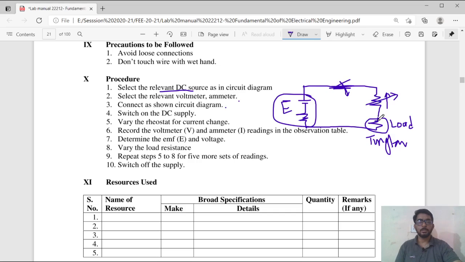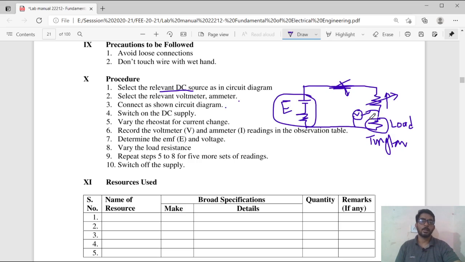As you increase the current by reducing the rheostat value, also put one voltmeter across this part. As you increase the current flowing through this part, this is the constant voltage.